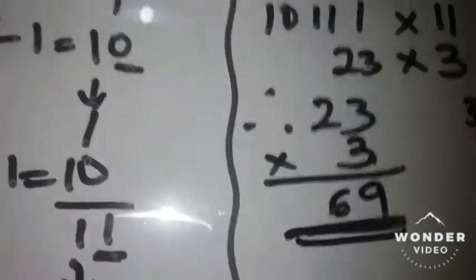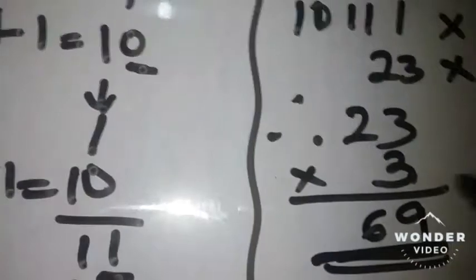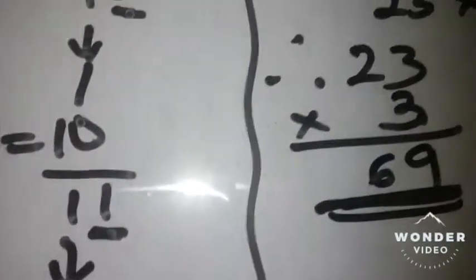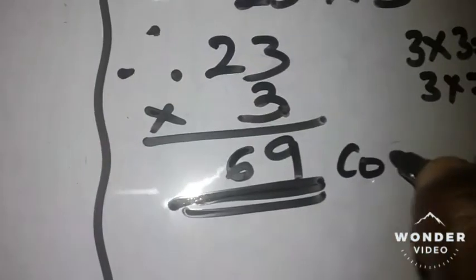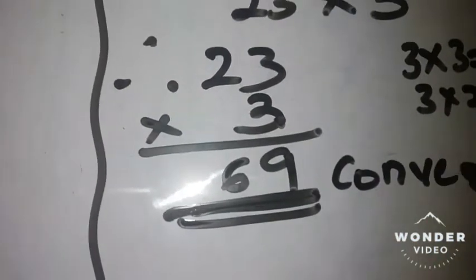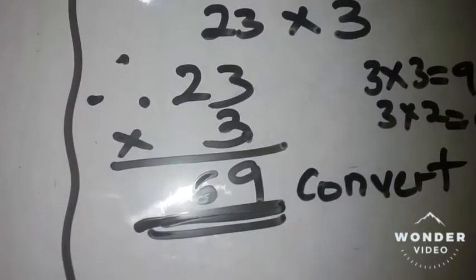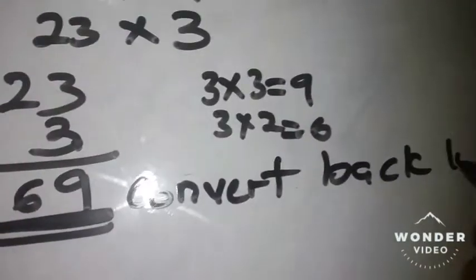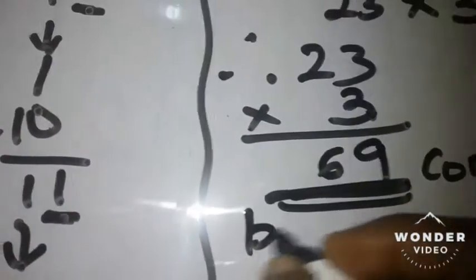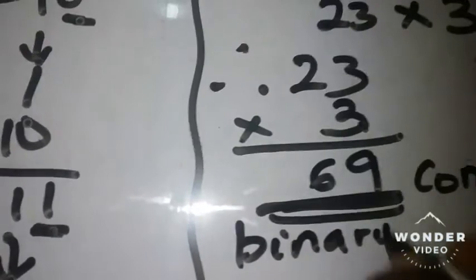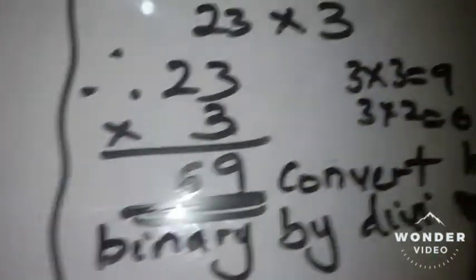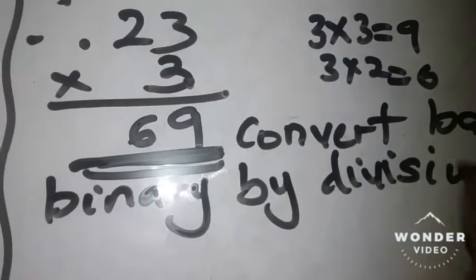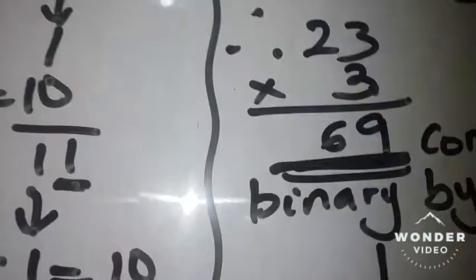Now this is our result after we convert to decimal. Now we want to convert this figure back to binary, by division. So let's go.